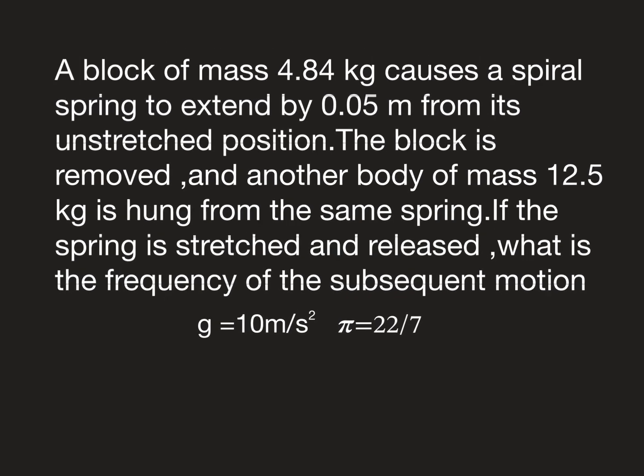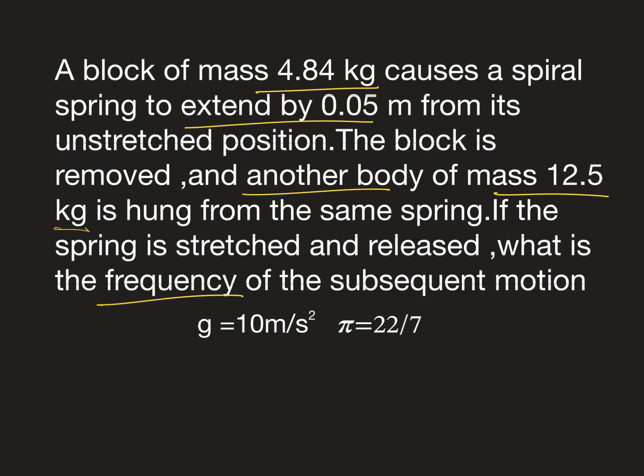A block of mass 4.84 kilograms causes a spiral spring to extend by 0.05 meters from its unstretched position. The block is removed and another body of mass 12.5 kilograms is hung from the same spring. If the spring is stretched and released, what is the frequency of the subsequent motion?